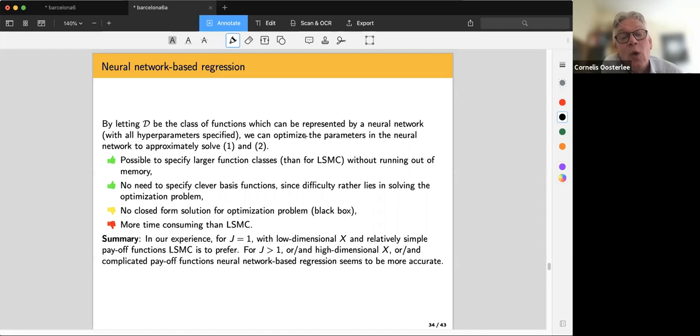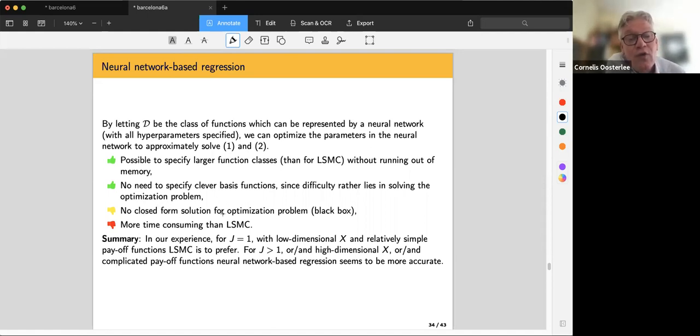We can optimize the parameters in the neural network to approximate regression 1 or regression 2. The good news is it's possible to specify larger function classes without running out of memory. There's no need to specify clever basis functions because the neural network should find them itself.